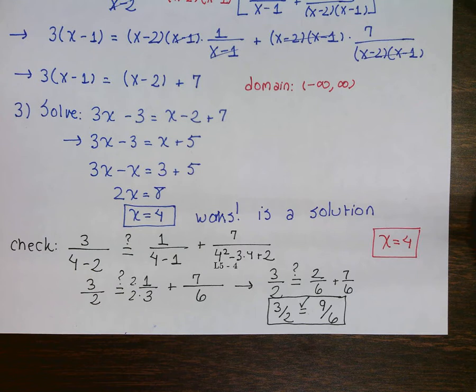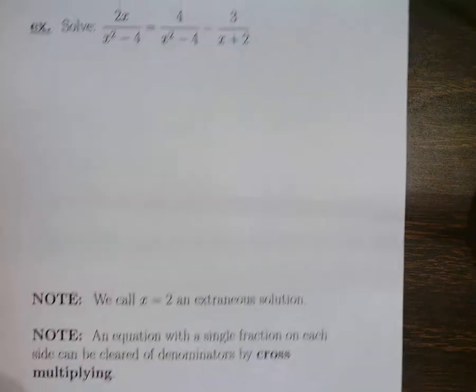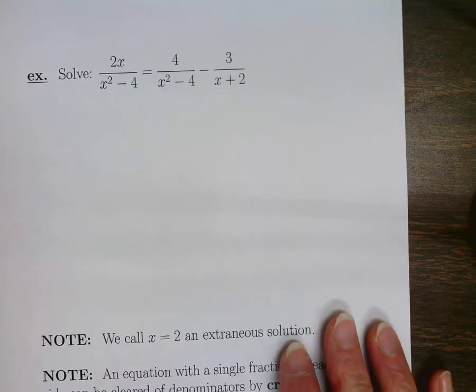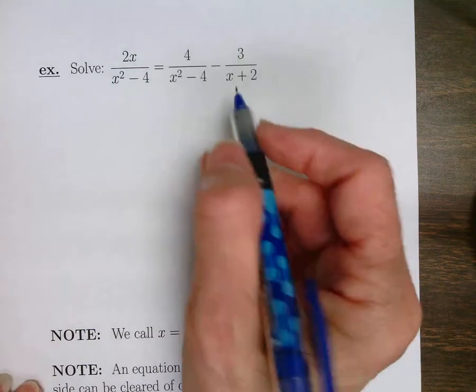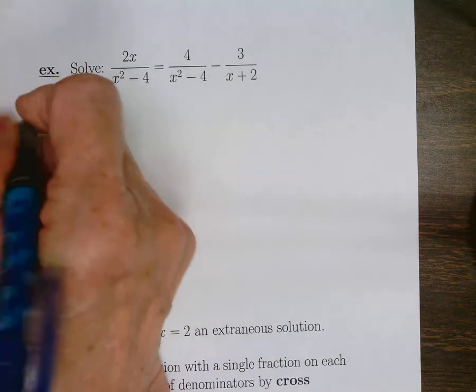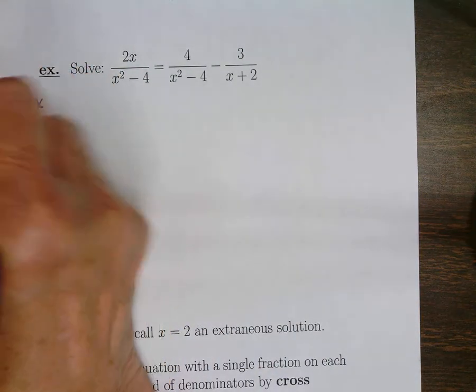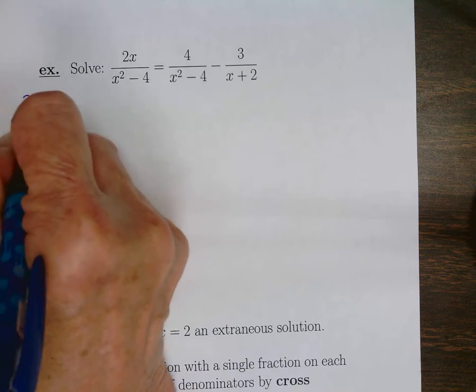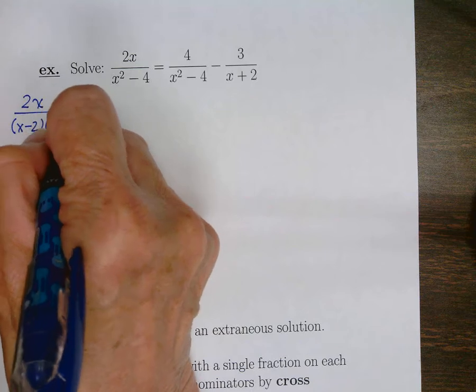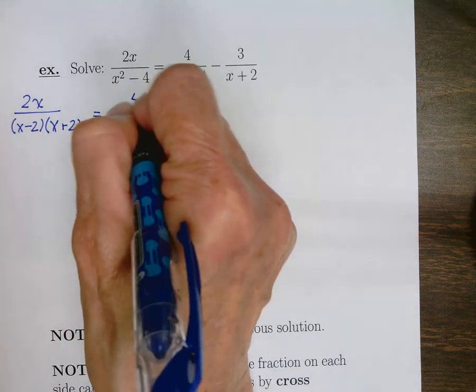Okay, let's do one more example. Right, same process. And here again, in order to see what I'm going to be working with in terms of excluded values and the least common multiple of the denominators, I'm going to factor.